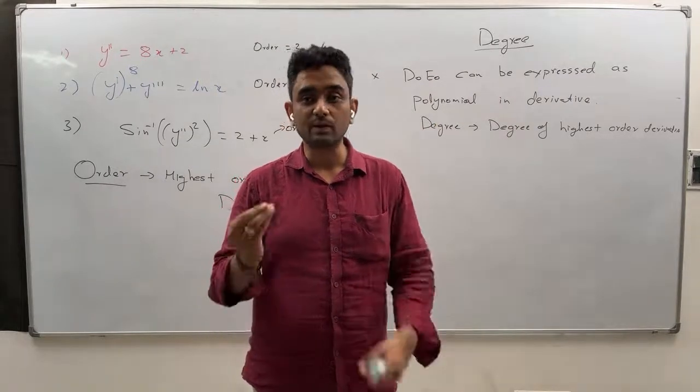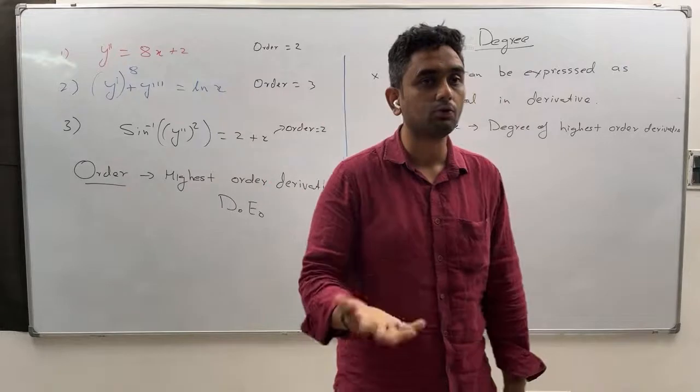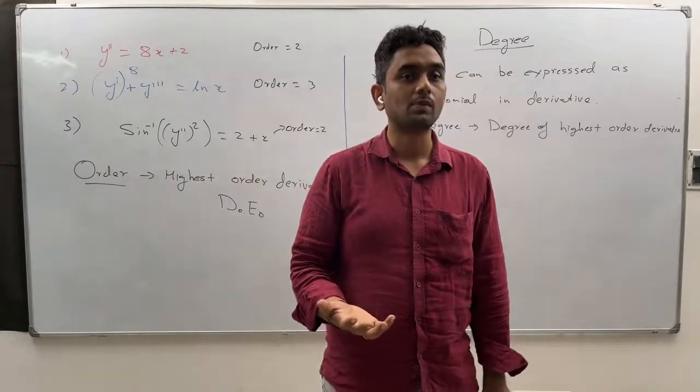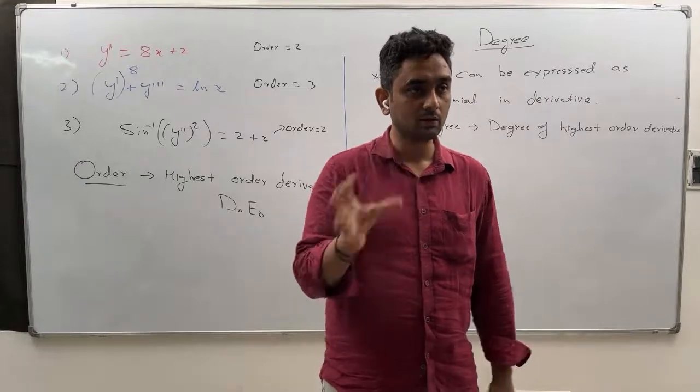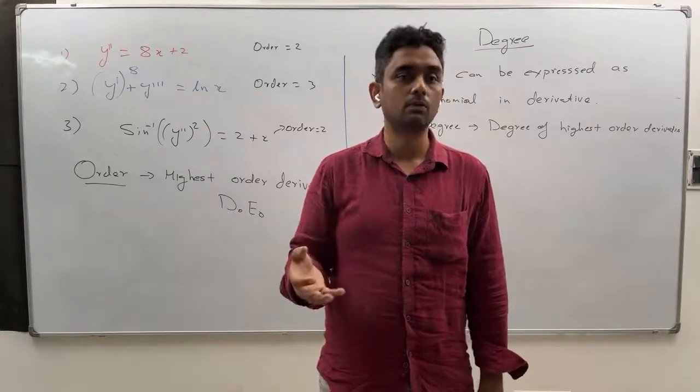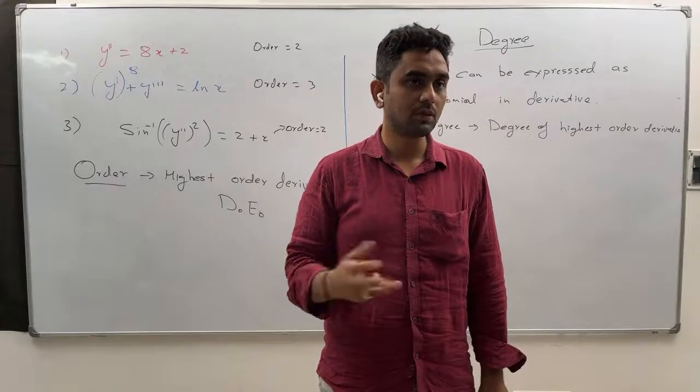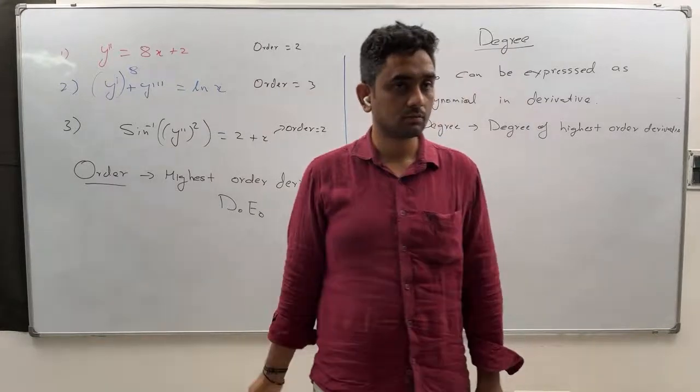Every derivative we should be able to express as a polynomial. Sometimes we have to change the equation a little bit, like take the square or the cube, but ultimately we should be able to. If you are not able to, then degree won't exist.